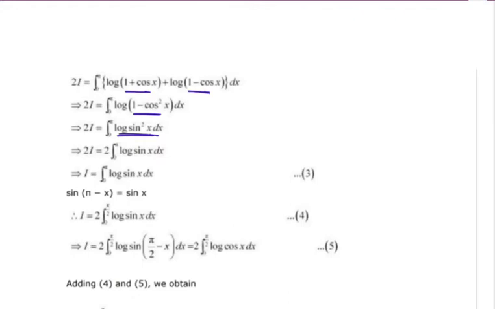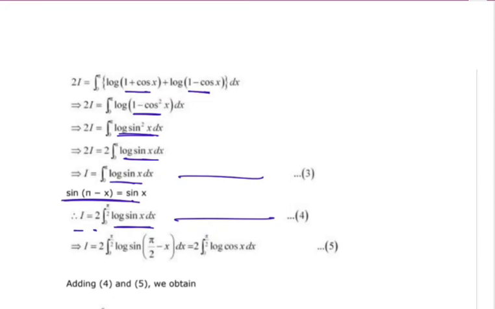So 2 taking outside, by the logarithm property, 2 times the integral from 0 to pi of log sin x dx. So 2 gets cancelled, I equals the integral from 0 to pi of log sin x dx. Take it as equation 3. So sin of (pi minus x) equals sin x. So I equals 2 times the integral of log sin x dx, equation number 4.